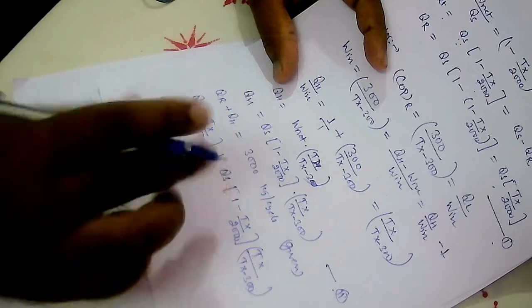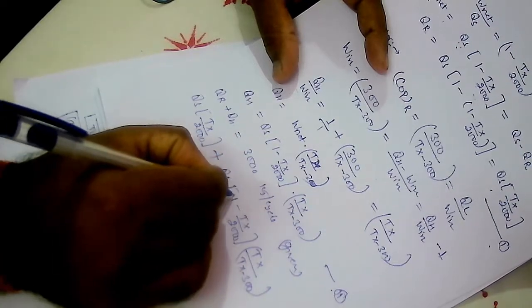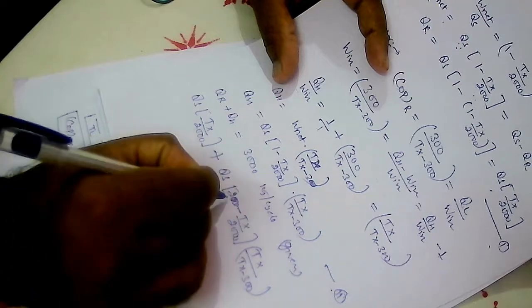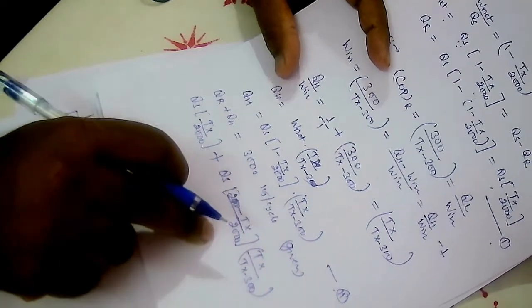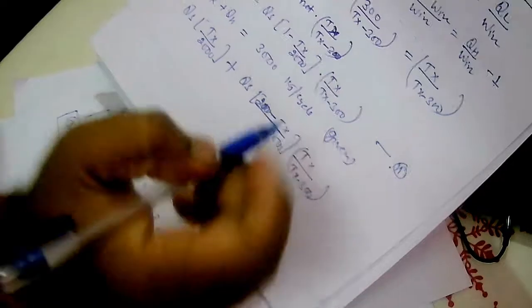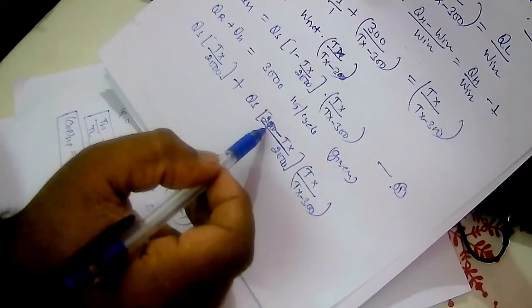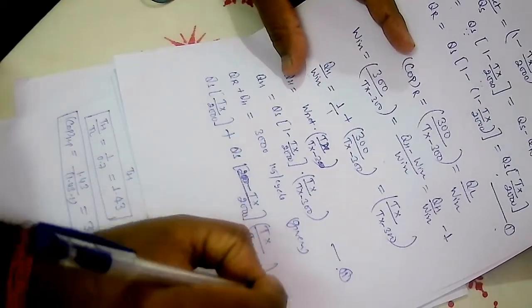Take this 2000 inside, so this becomes 2000 minus Tx divided by 2000. I have not done anything, I have just taken the LCM. So now look, this is equal to 3000.